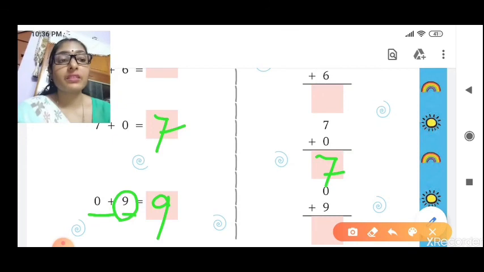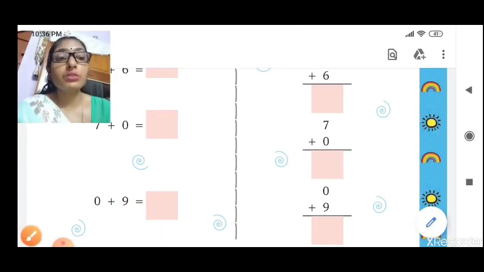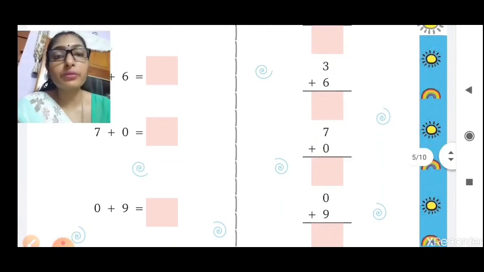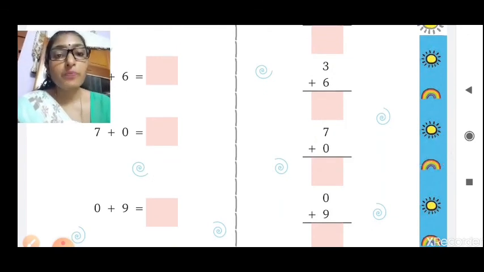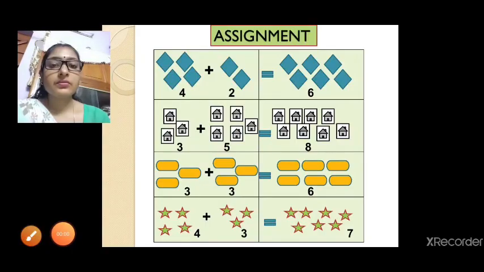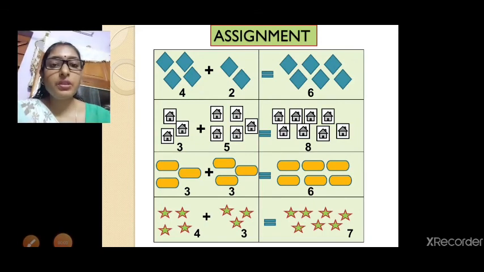So you will finish your work till page number 55 in the textbook. For class work I have given a small work. For home assignment, you neatly copy down this one.